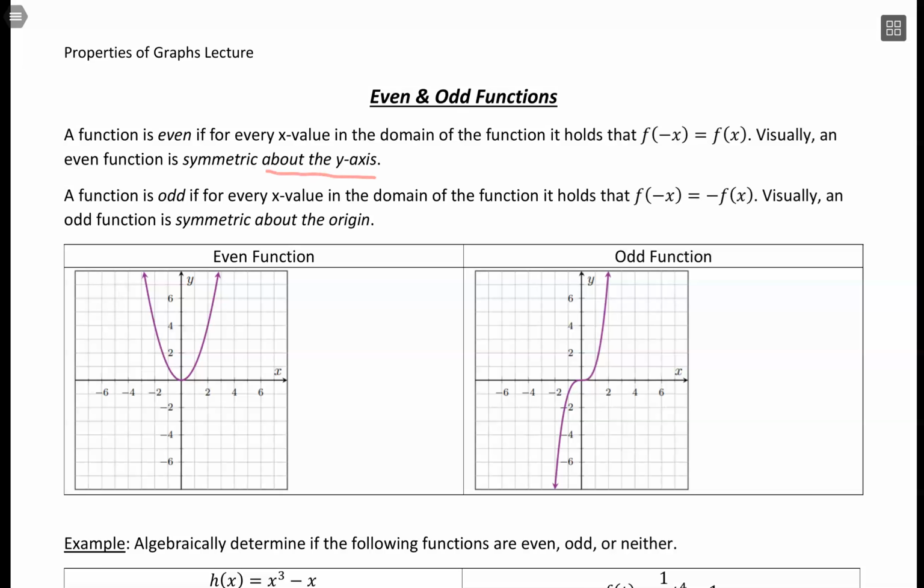So let's take a look at our even function here. This is our function x squared, and this is symmetric about the y-axis.